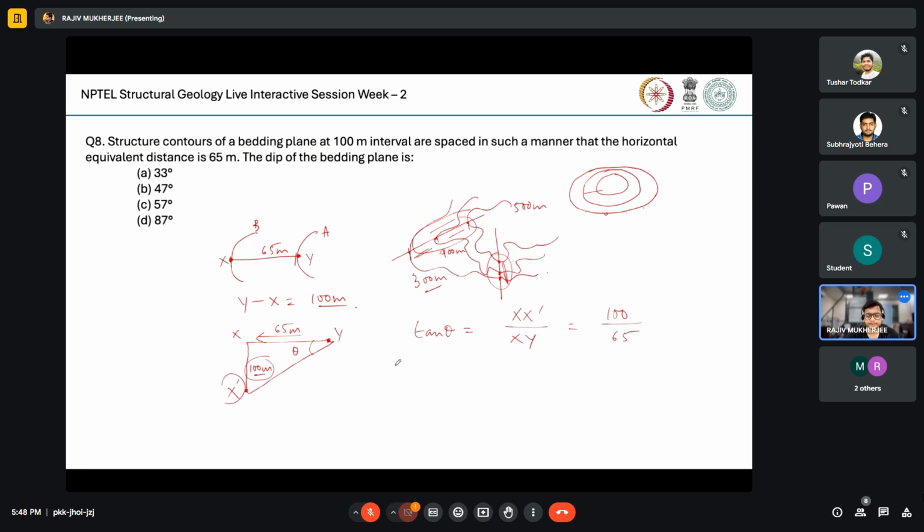Yeah, this is close to 1.53, and then theta is tan inverse of 1.53, which is close to 57 degrees. So in this case, option C is the correct answer. The dip of the bedding plane is 57 degrees.